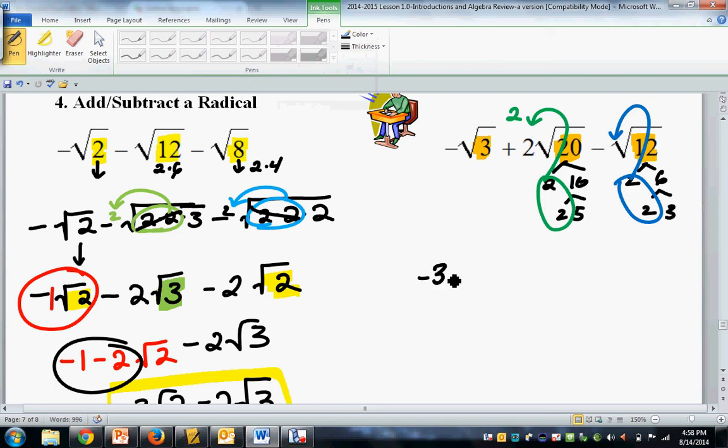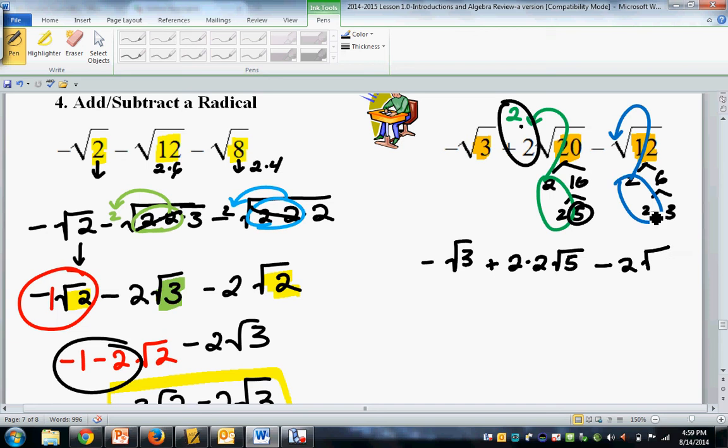So the next line should read negative root 3 plus, this is going to be 2 times 2, square root of 5 minus 2 square root of 3. That 2 came from those 2 coming out.